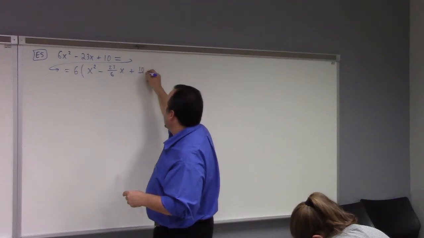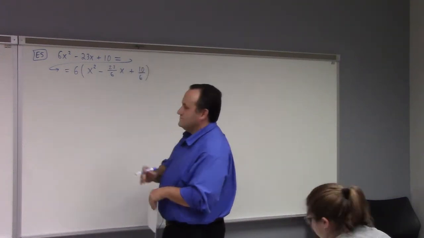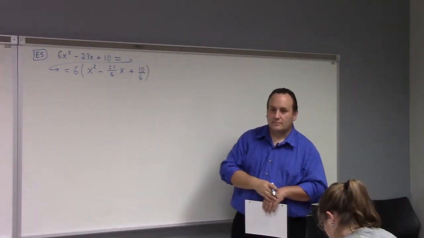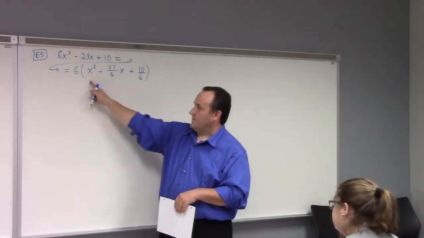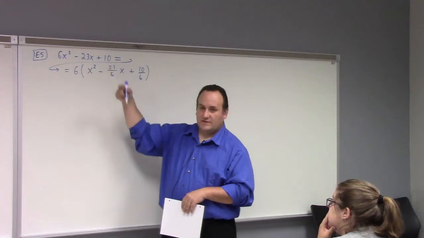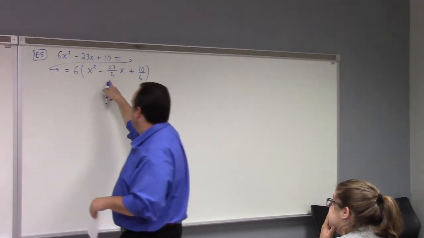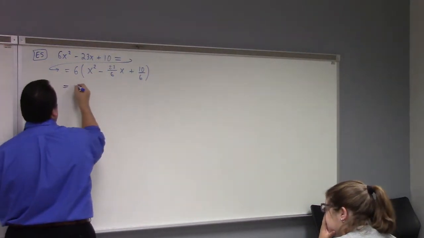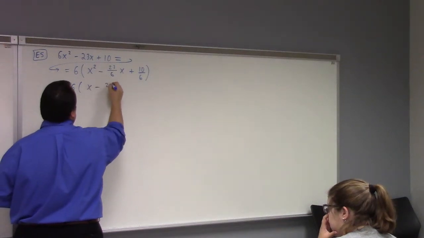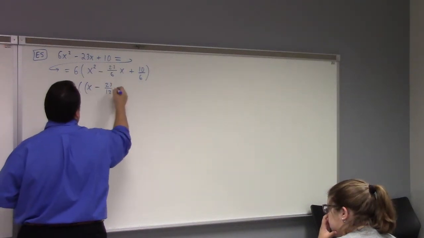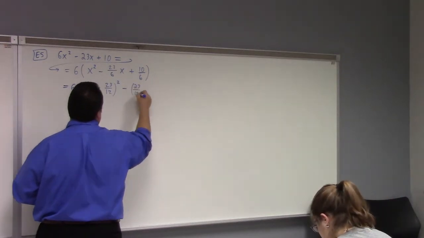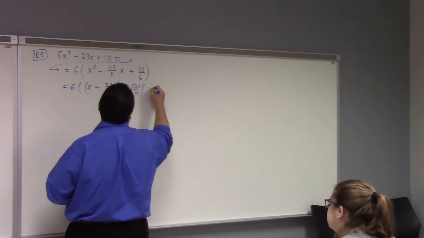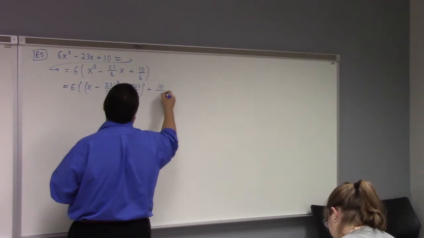Plus 10 over 6. And then I can apply the algorithm to this one because it's got x squared at the start. So I take half of 23 over 6. What's that give me? 23 over 12. You square that. You subtract 23 over 12 squared. Oh, that's big. And then add 10 over 6 to it.